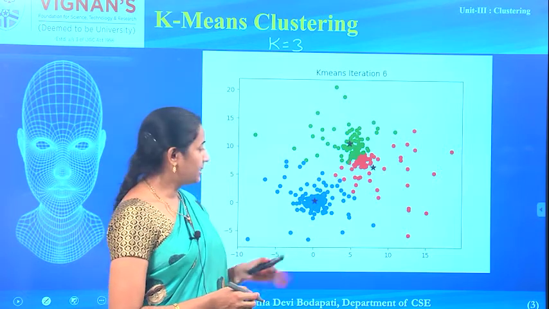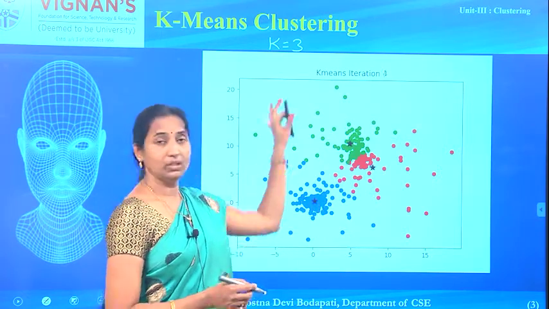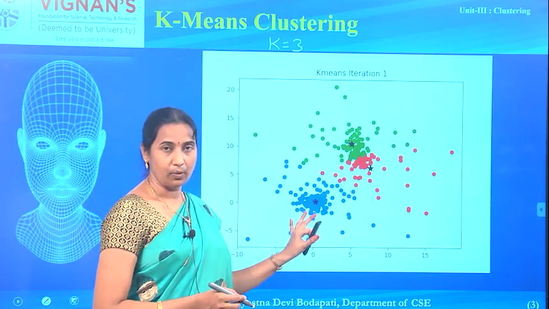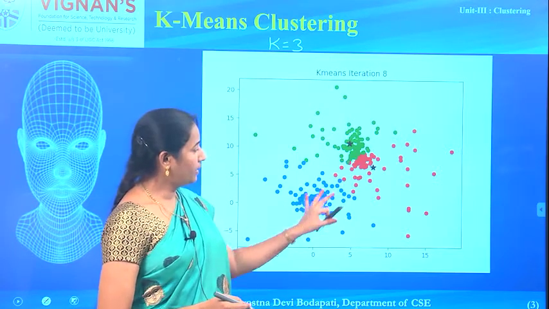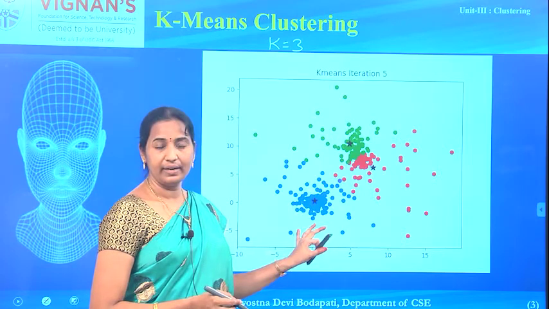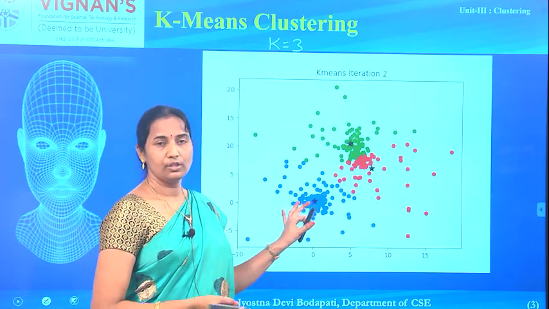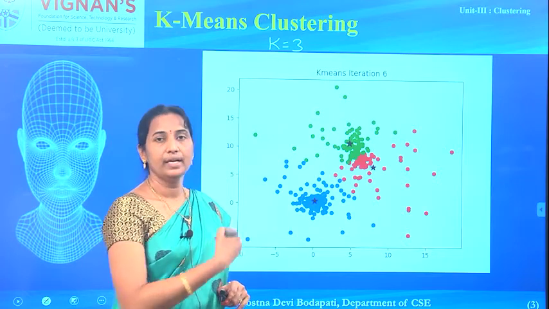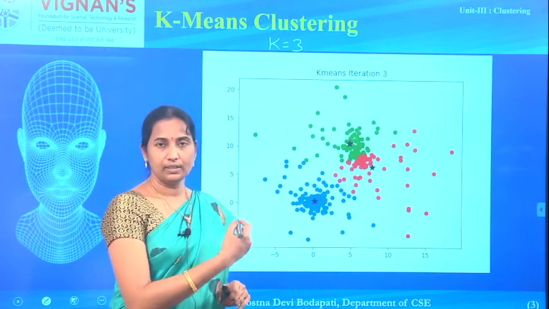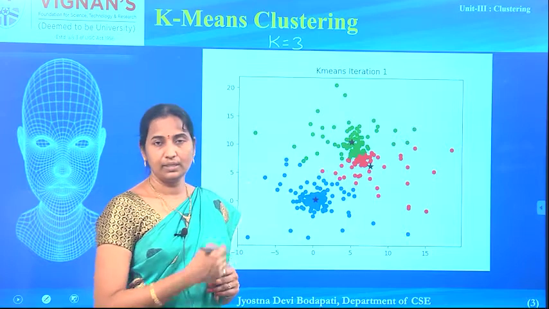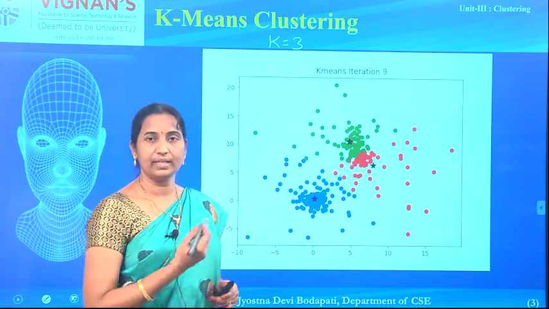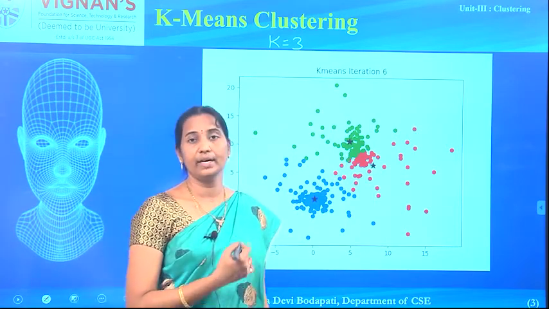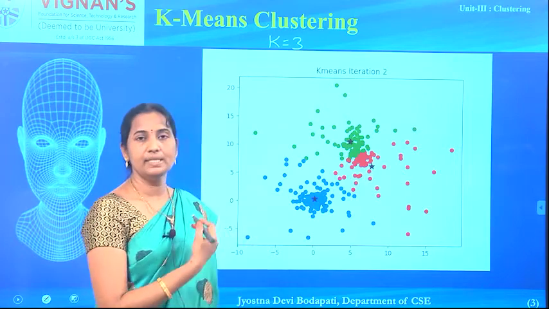Then you assign every data sample to the closest cluster possible, and then you find the mean of the cluster. Later, in the further iterations, that mean will act as the centroid for the cluster, and you repeat the process until it converges, based on the convergence criteria you are selecting. That's how the K-means algorithm works.